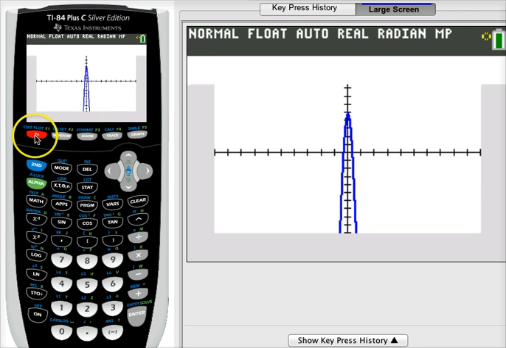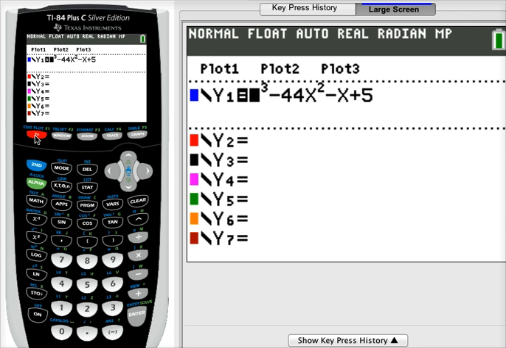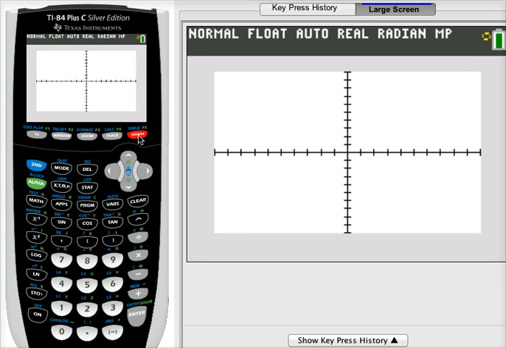I'm sorry, did I type something in wrong? Oh, I put a 44. There we go. Much better. So here is our graph. Now let's go through and do this process again.